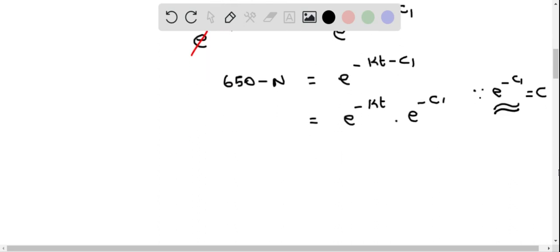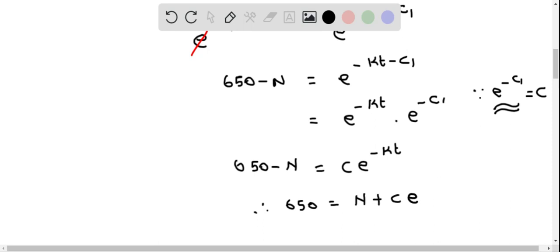So this equals capital C e raised to the power of negative kt, and on the left side we have 650 minus n. Therefore we add n to both sides, and we get 650 equals n plus C times e raised to the power of negative kt.